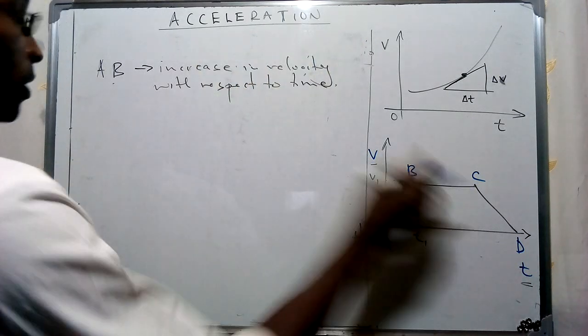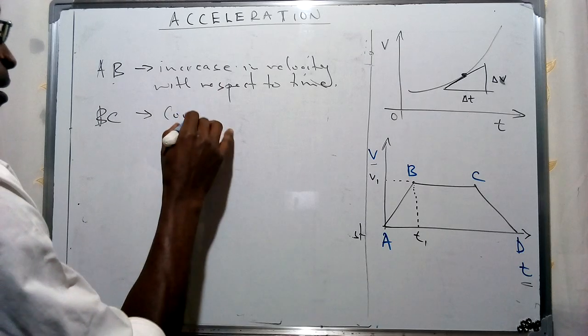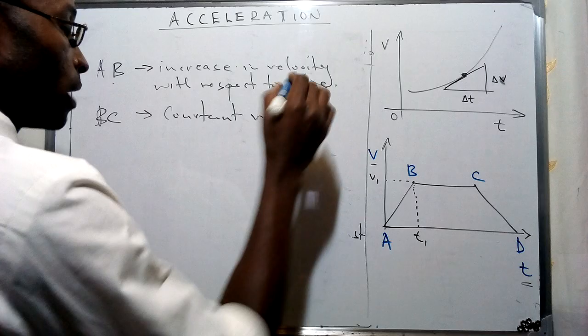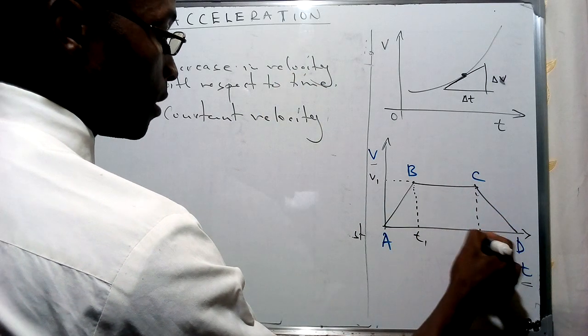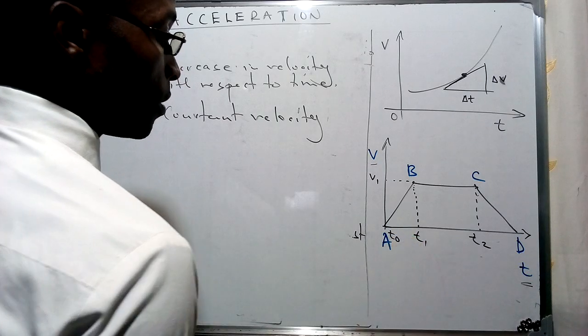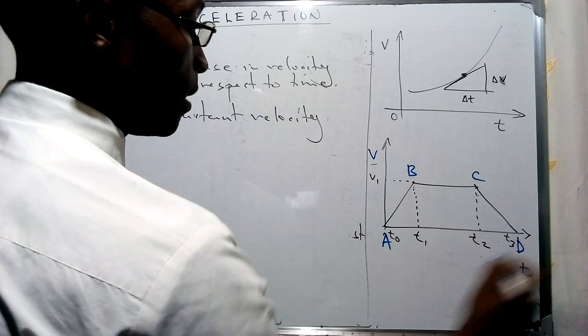But as the motion proceeds from B to C, we have a constant velocity with respect to time. Let's say this is t0, t1, t2, and then we shall have this one given as t3.